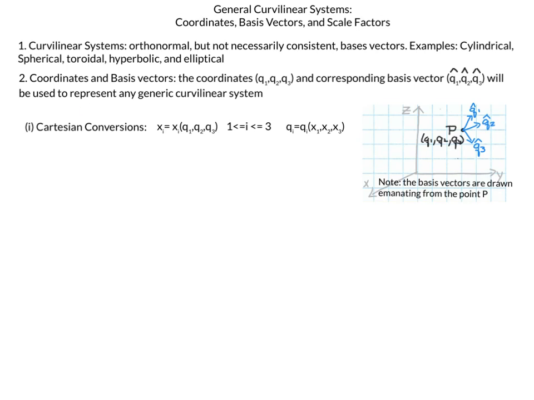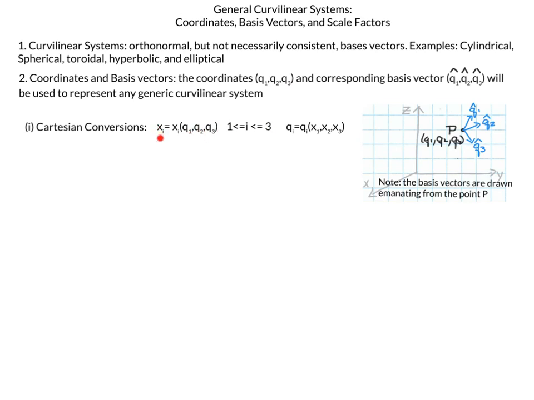We can have formulas that convert from our curvilinear system to regular Cartesian coordinates. So for our Cartesian coordinate, x sub i will be a function of our q1, q2, q3. Remember, those are the coordinates in our curvilinear system, for i equal 1 to 3.